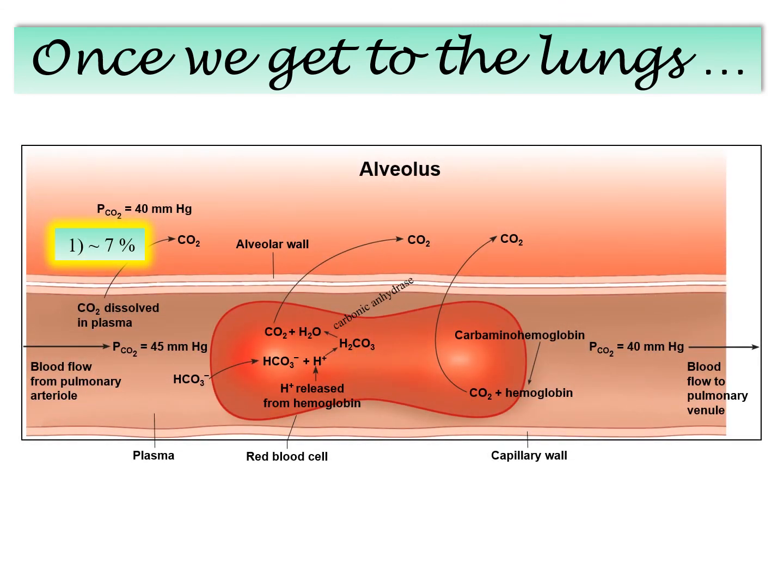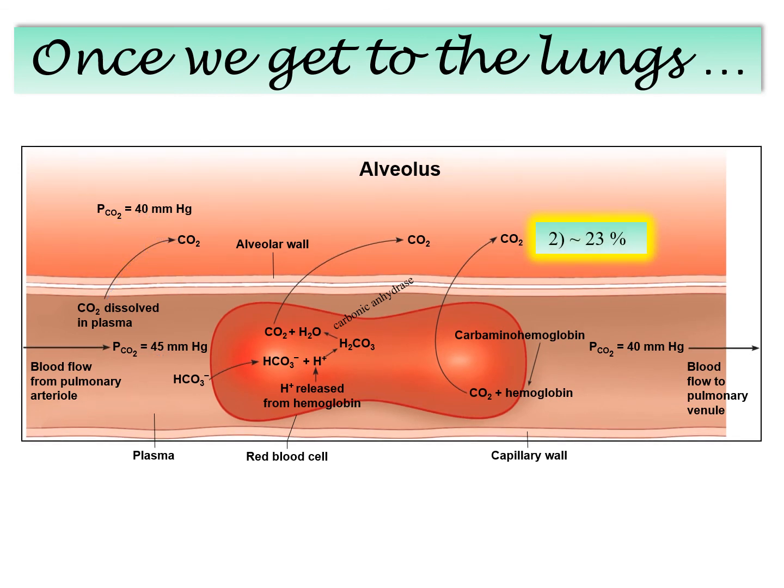Well, remember the 7% that was dissolved in the plasma that we saw earlier? Well, that CO2 is going to move from a higher partial pressure to a lower partial pressure. So there goes the 7% diffusing from the plasma here into the alveolus across the respiratory membrane, which is right here. 23% or so of CO2 that was in the form of this carbaminohemoglobin, okay, it's going to get pulled off of the hemoglobin.